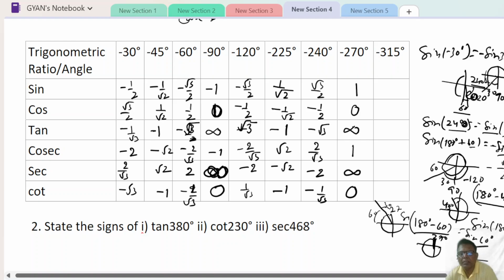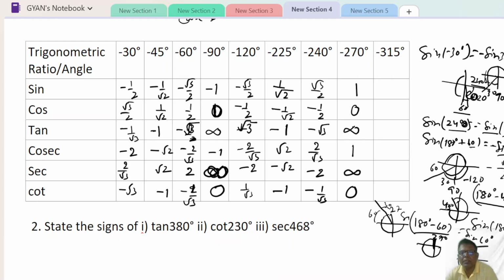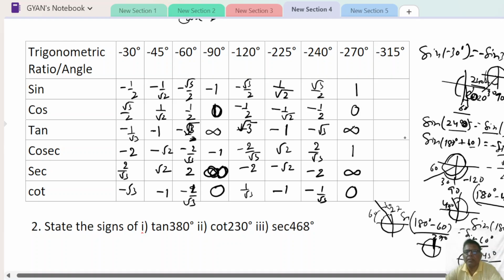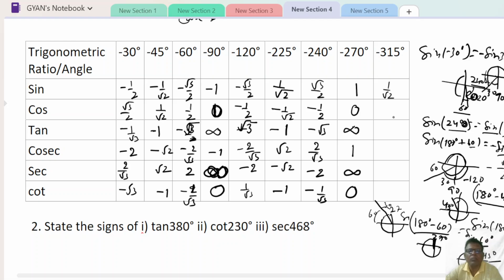Where will it lie? It is 270 plus 45. So whatever the 45 degree formula, that will apply here. So sine 45 degree is 1 by root 2, cos 45 degree is 1 by root 2. The reciprocal of this is root 2, the reciprocal of this is root 2, and the reciprocal of this is 1. So this is the answer.